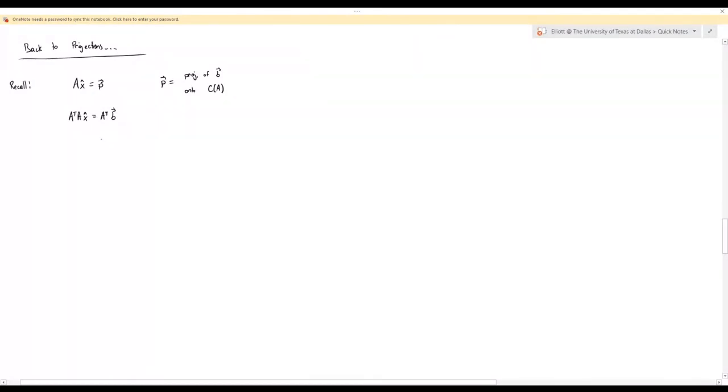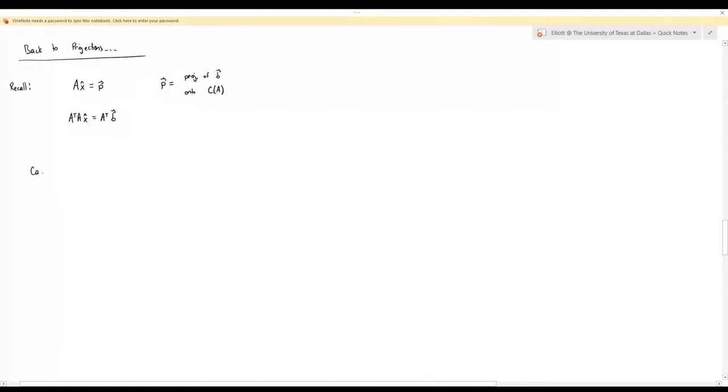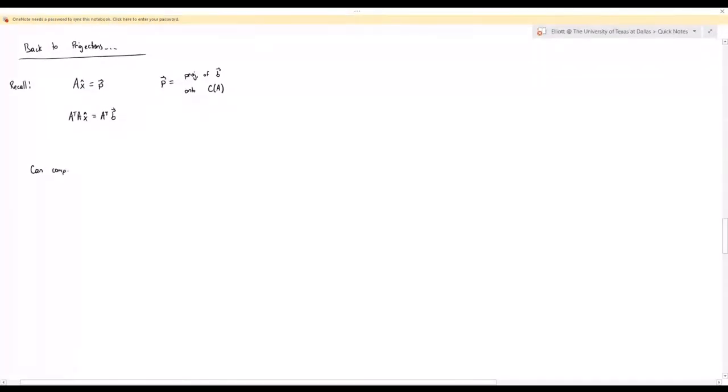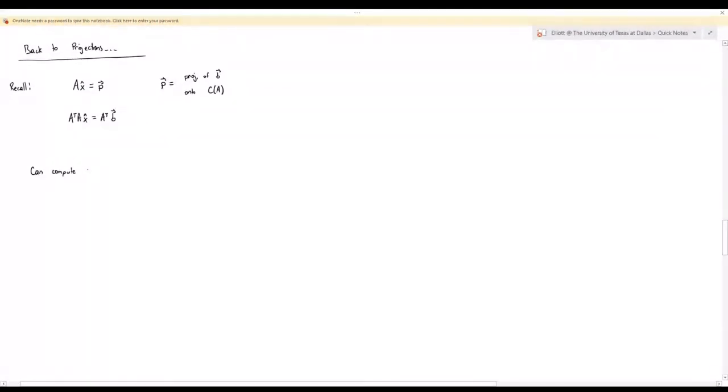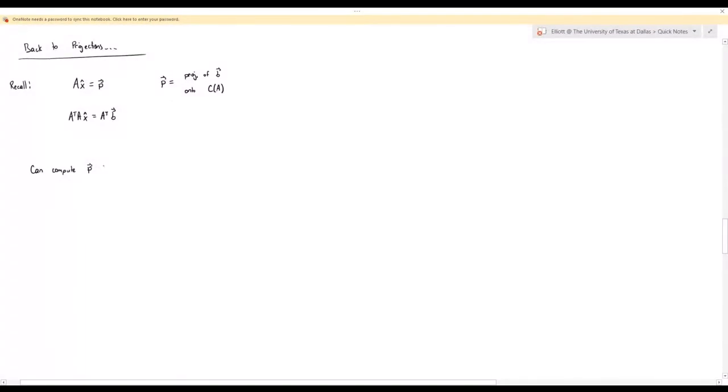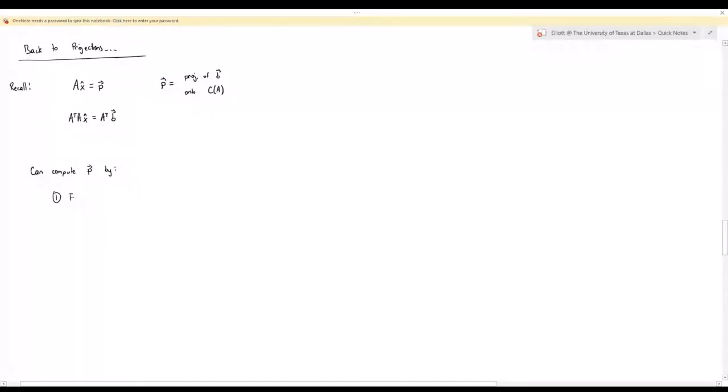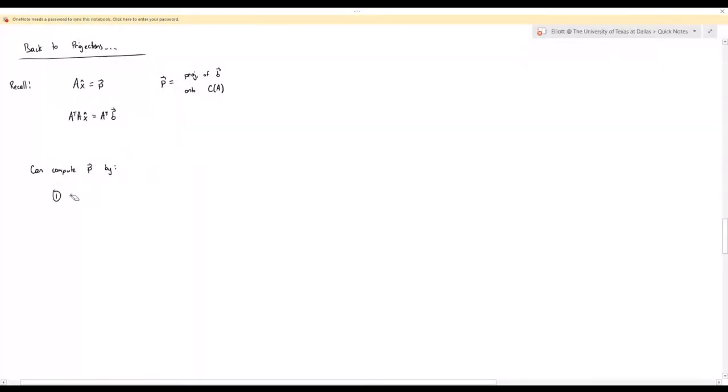So the idea is you can compute the projection vector by first getting the least squares solution.